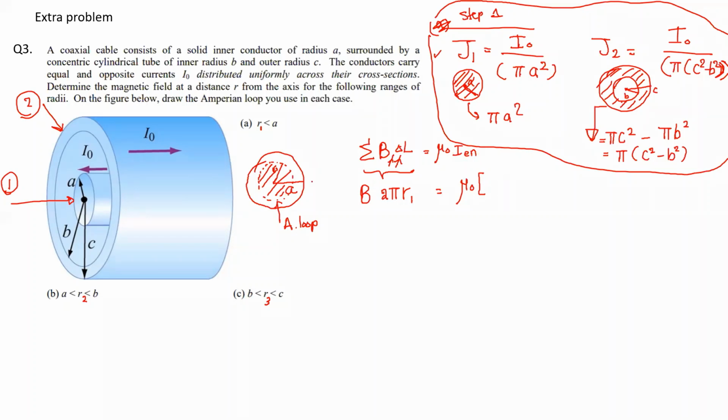So my current density for this one is J1. And then we multiply by the area we are interested in. So we are interested in this area, right? Of area of the Amperian loop. Because we need the current inside this loop. So what is that? Pi R1 squared. This is the current inside my Amperian loop.